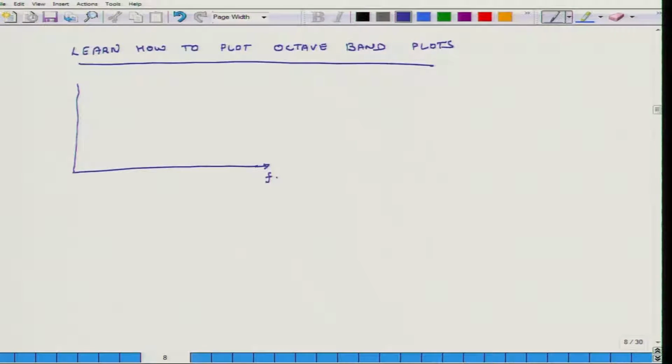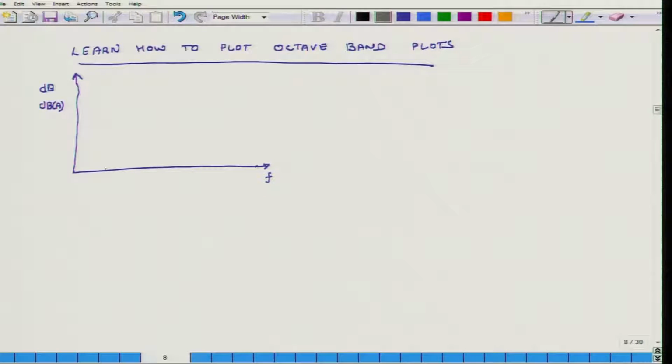So, on the x axis I plot frequency, and on the y axis I have to plot either decibels or dBA. Okay. And first I select specific frequencies.